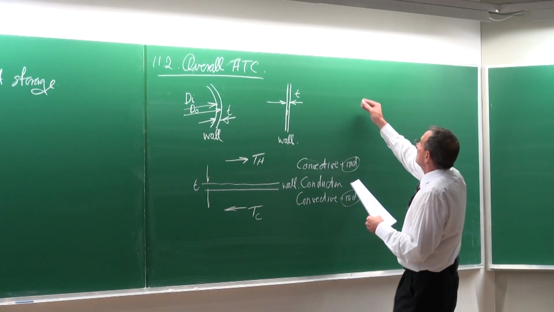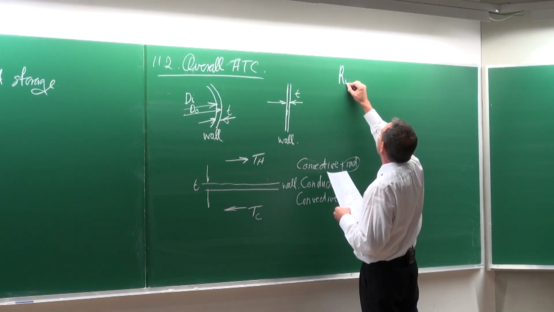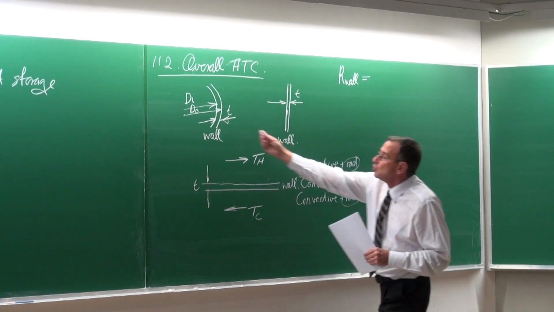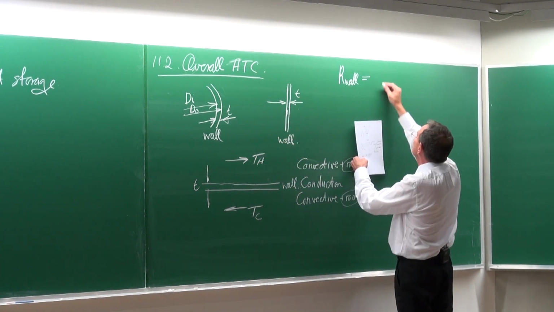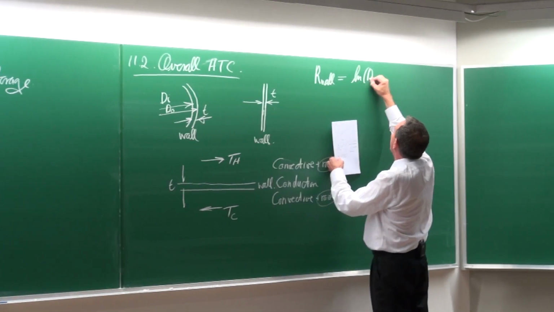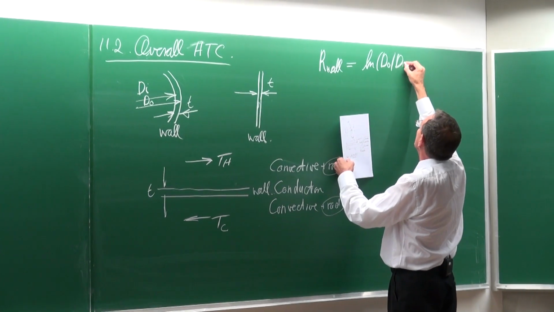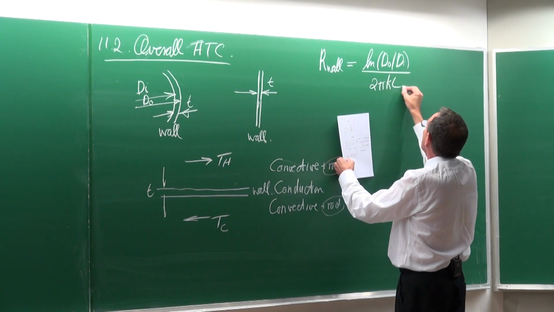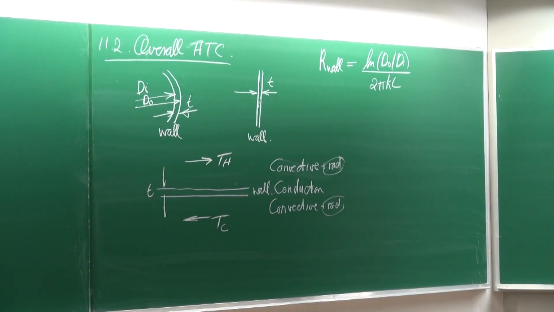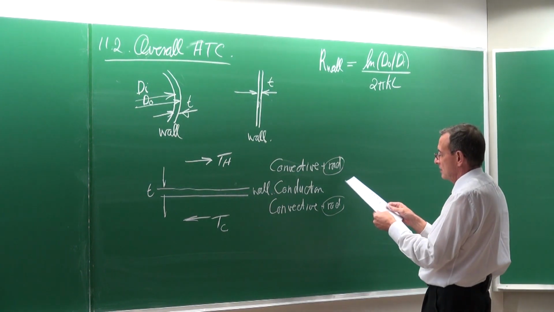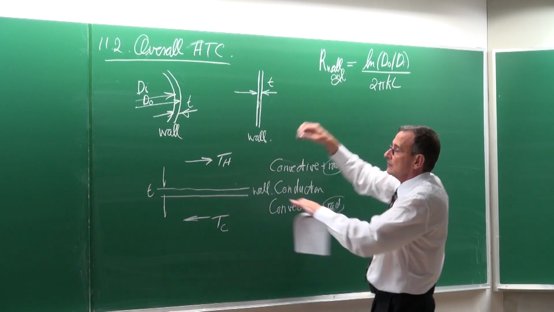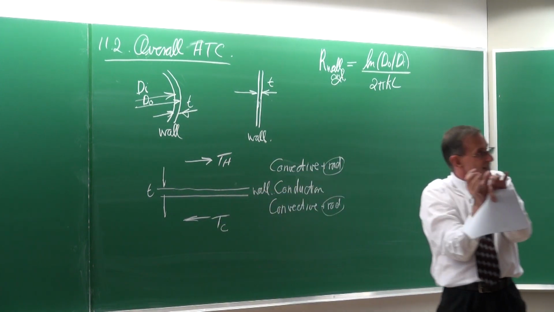Okay. Now you've already done it in chapter 3 of the textbook of Cengel and Ghajar, where this wall resistance can be written as the ln of the diameter ratio divided by 2 pi KL. Okay? That would now be for a wall which is part of a cylinder.